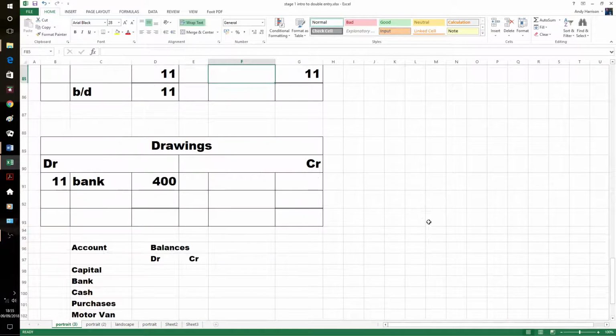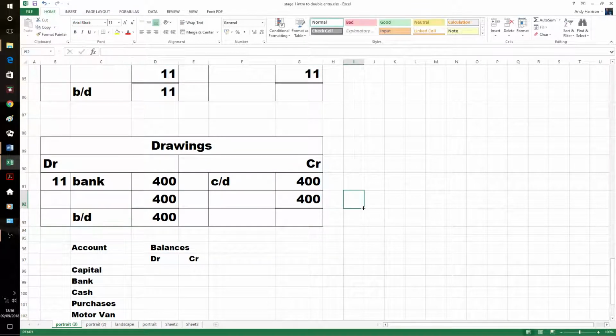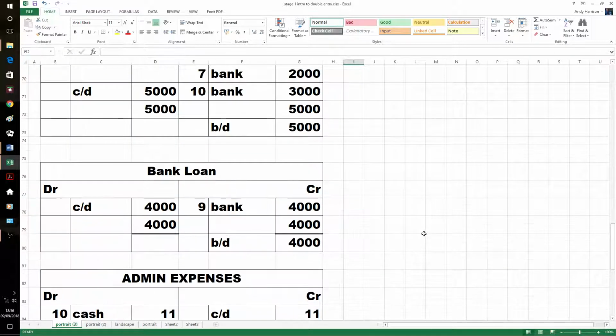Shouldn't be too much maths. And this one again, it's still got to be done. So you won't hear many students saying they like balancing off accounts. You've just seen why. All balanced, all correct hopefully.